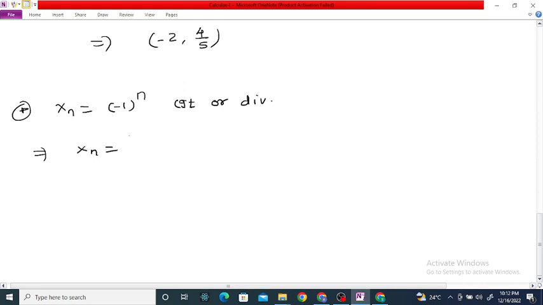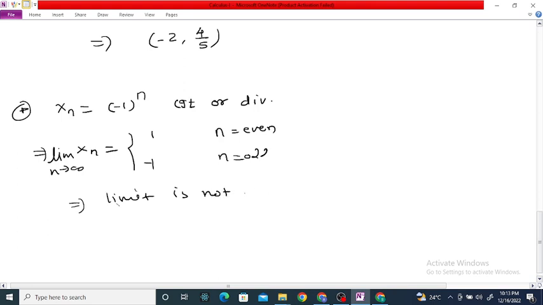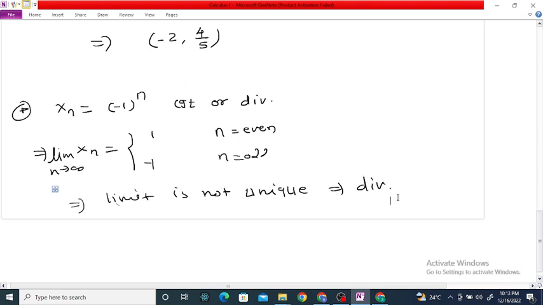Say limit n tends to infinity, xn is equal to 1 if n is even and is equal to minus 1 if n is odd. Okay, so it has two subsequences converging to two different limits. So the limit is not unique, and therefore this is a divergent sequence.